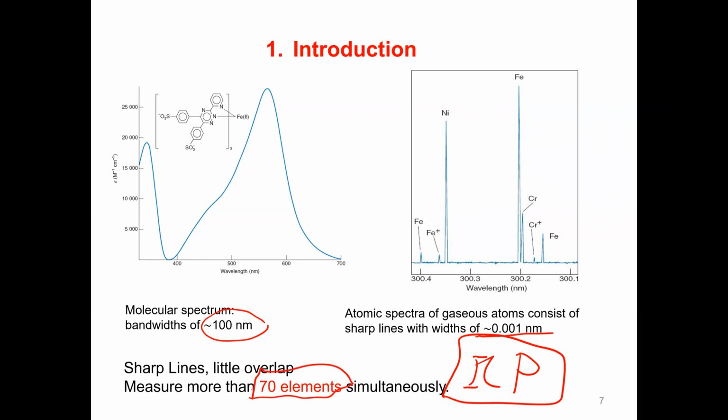Keep in mind, we only have around 110 elements. Right now, you can directly use that to detect 78 elements. That's the most powerful elemental technique to do the analysis for elements, both quantitative and qualitative.